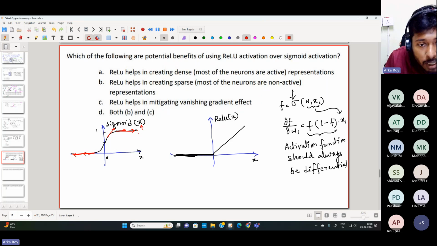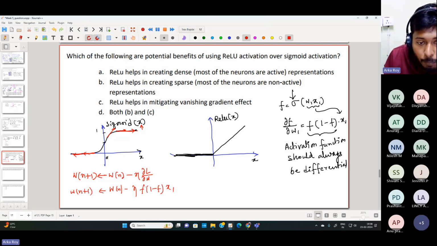So if you increase the value of X, and I write the gradient descent equation, Wn plus 1 equals Wn minus eta times del L by del W. From the equation of sigmoid, you can see that the value is F into 1 minus F, into eta, into, let's say, X1.